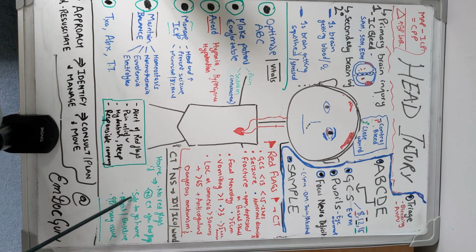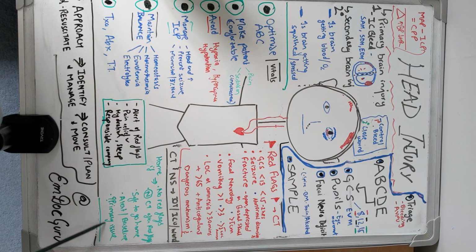And how do you check their safety to go home? You would see if there is a responsible adult going home who can keep an eye on them for at least the first 24 hours. If these factors are met, then you think of discharging them home.